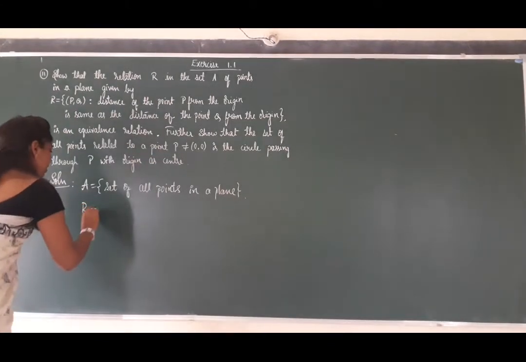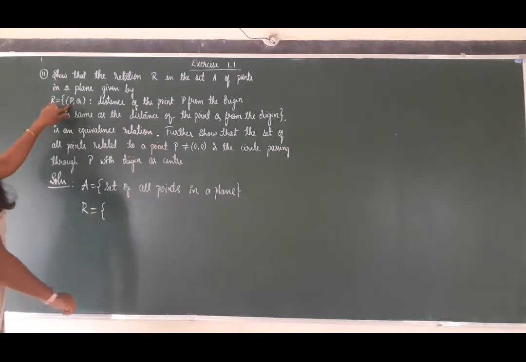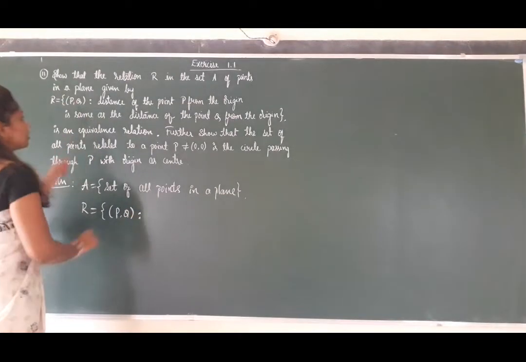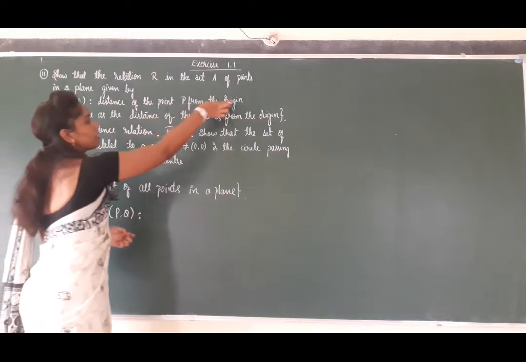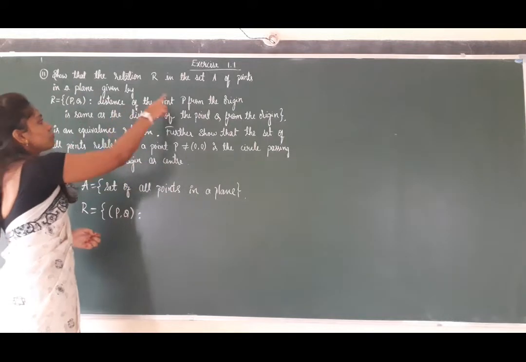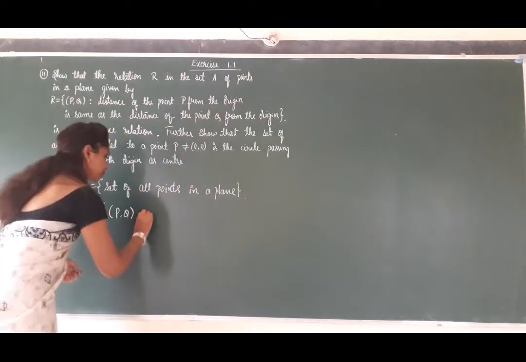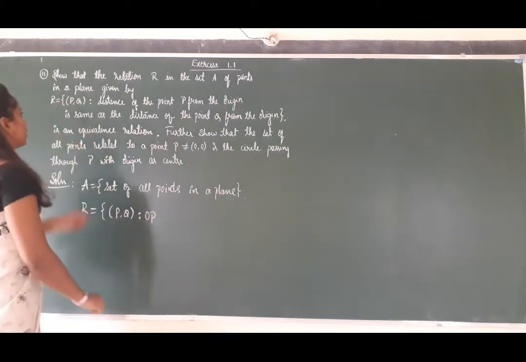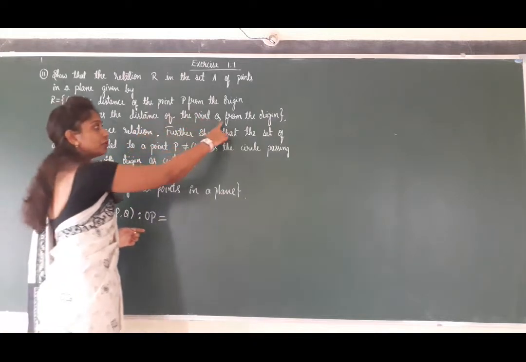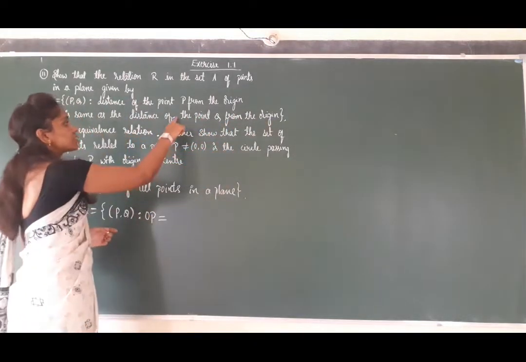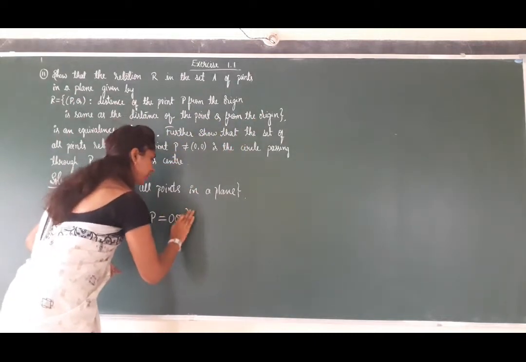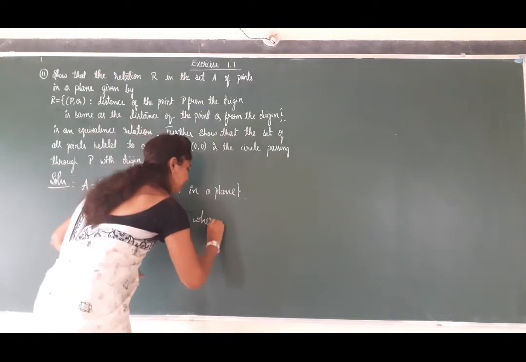And the relation R is the set of all ordered pairs (P, Q) such that, observe here, the distance of the point P from the origin, where the origin is taken as O, is OP. That is OP is equal to the distance of the point Q from the origin, which is OQ, where O is the origin.